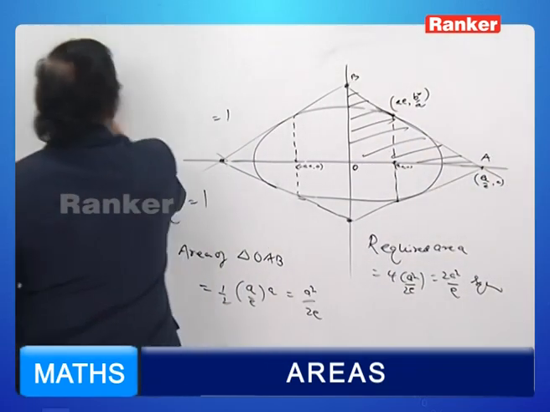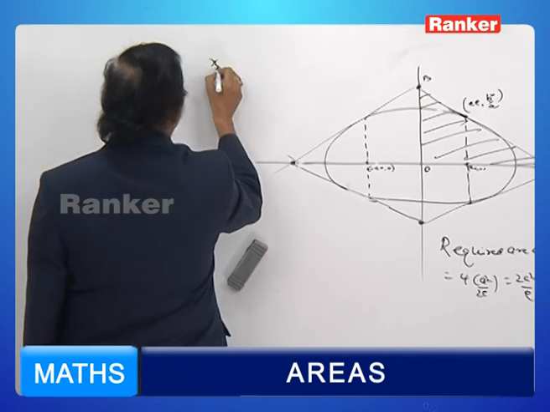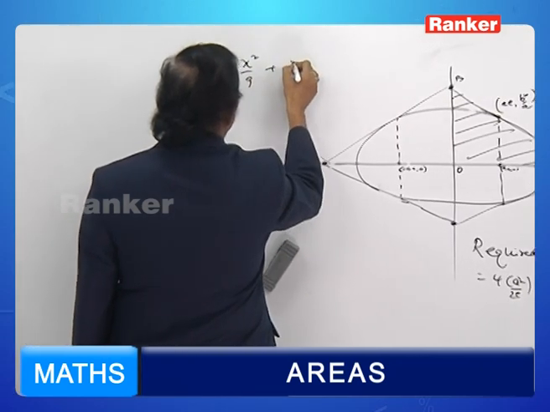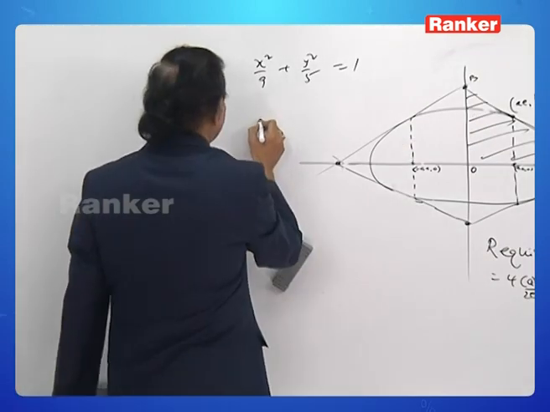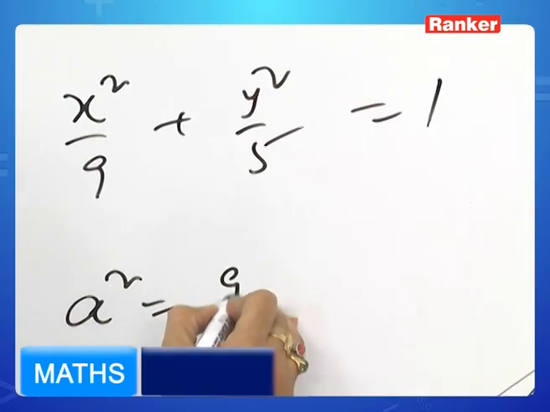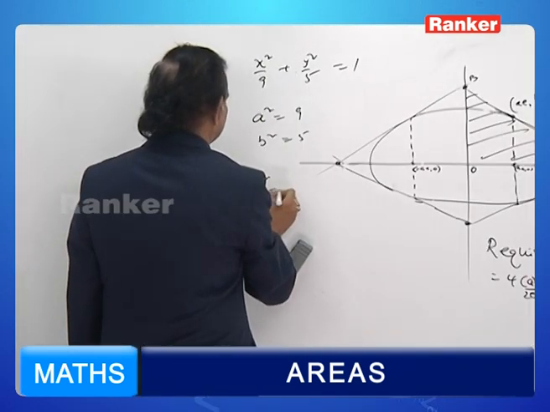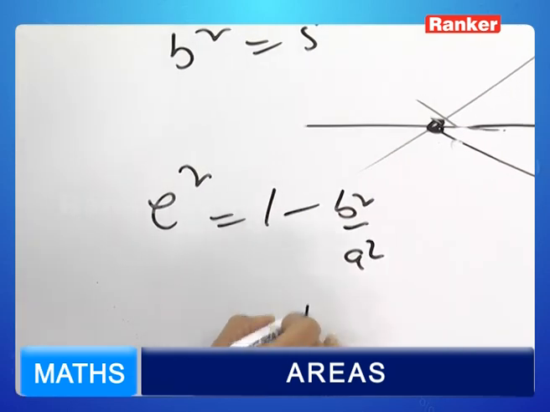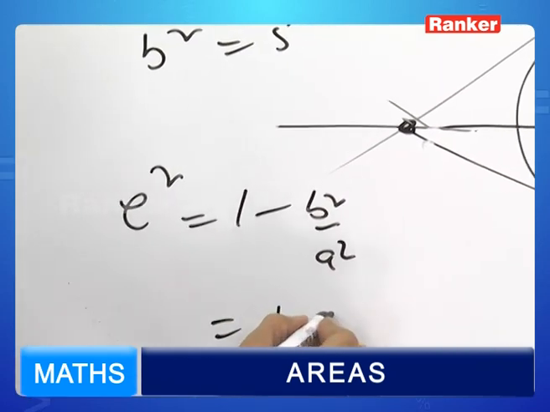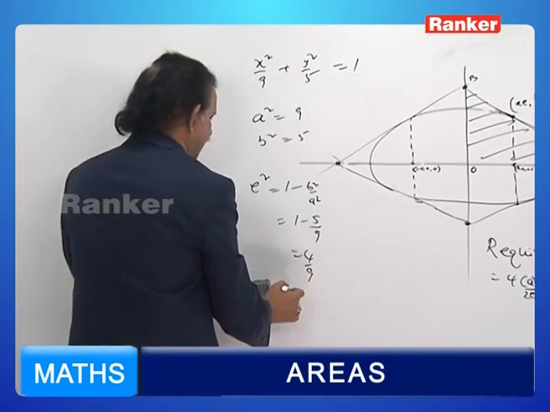Okay, I am now giving you the ellipse x square by 9 plus y square by 5 is equal to 1. Here, a square is equal to 9, b square is equal to 5, e square is equal to 1 minus b square by a square, that is equal to 1 minus 5 by 9. 1 minus 5 by 9 is nothing but 4 by 9.